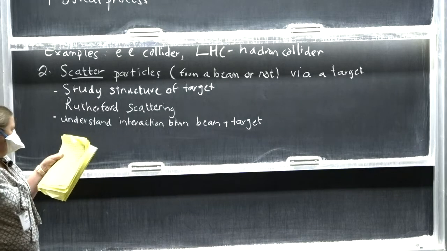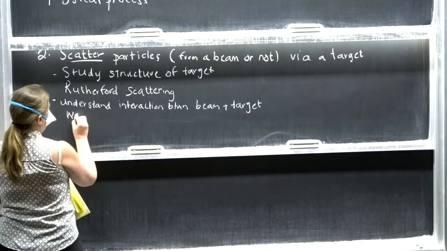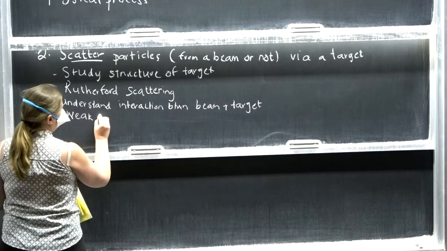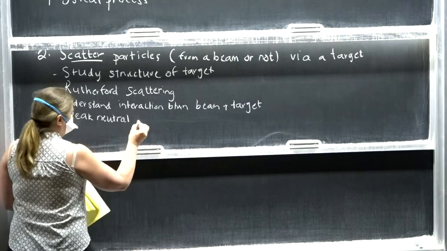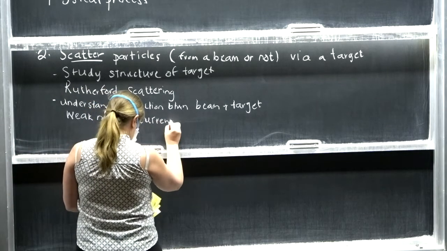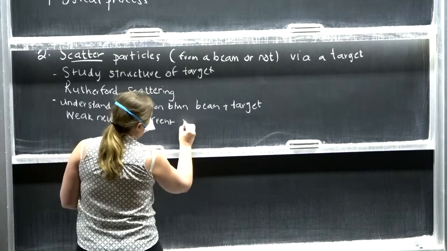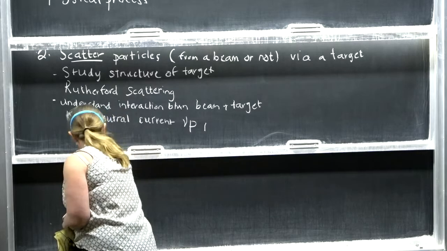Examples of this, for example, would be, let's say we would like to understand the weak neutral current. This is how it was done. And we did this via neutrino proton scattering.